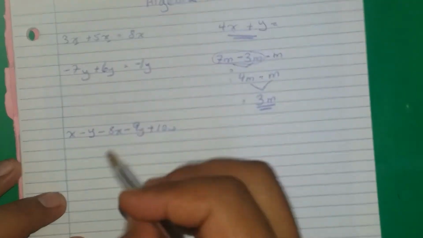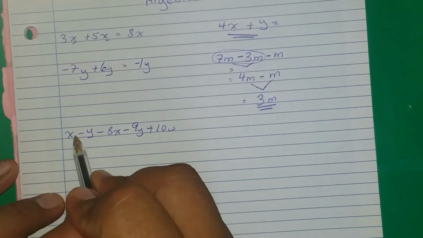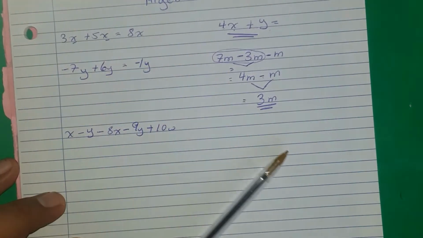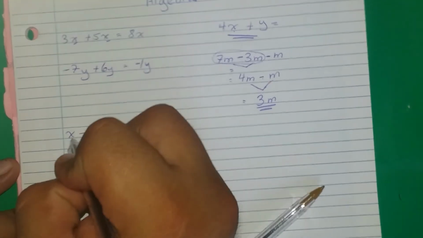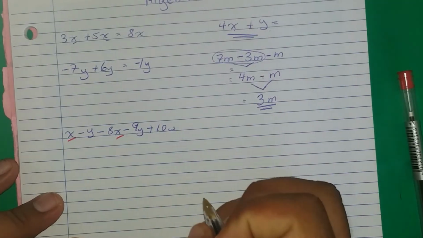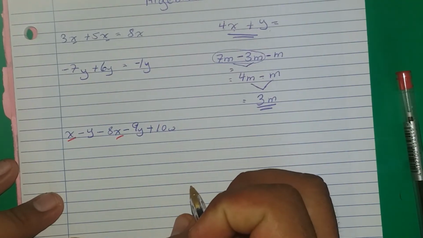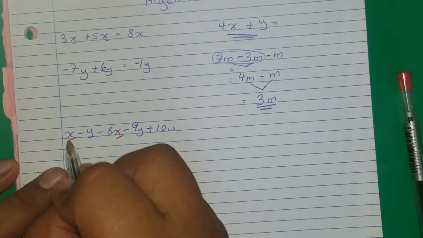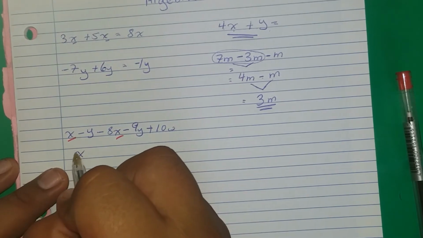So those that have the same variables. If we notice, we have the x that has the same variable here with this one. So what we need to do is rewrite it and have those two together. So we're going to bring down the x, right?